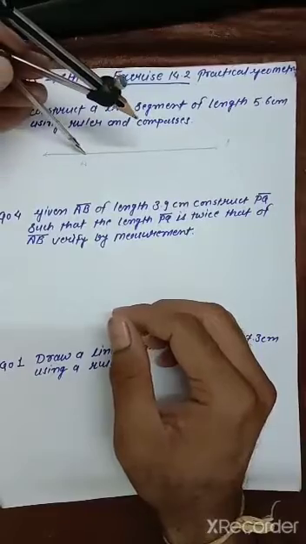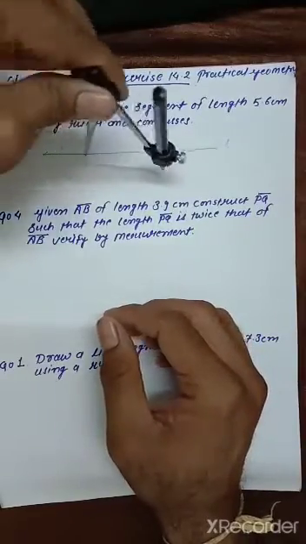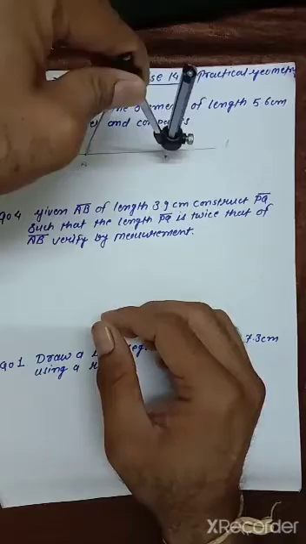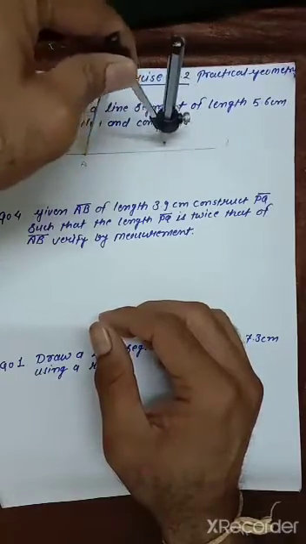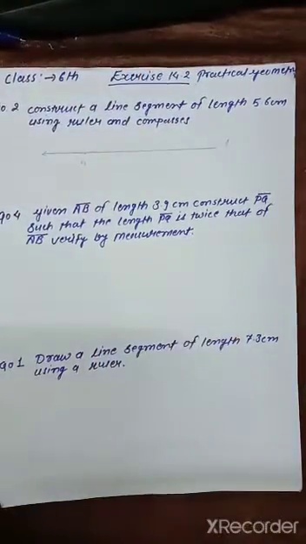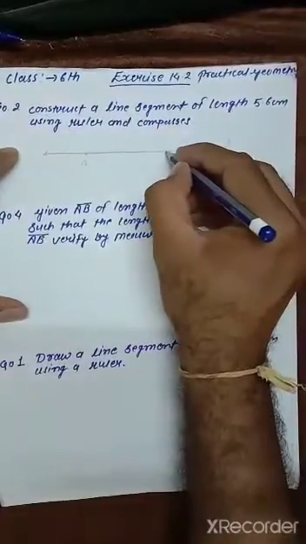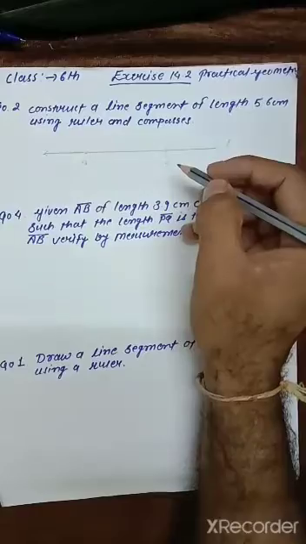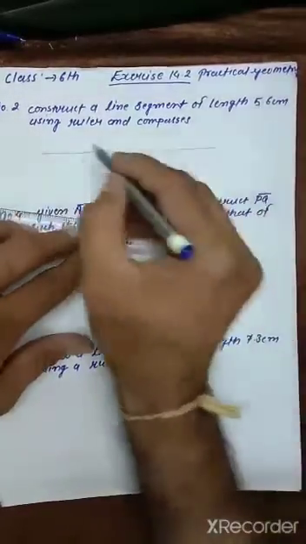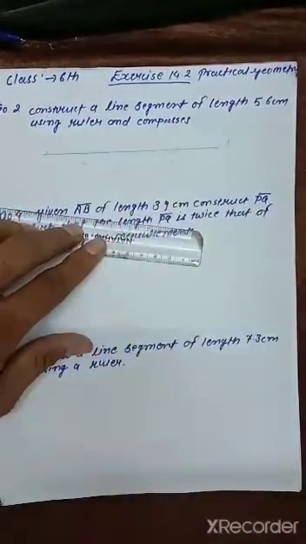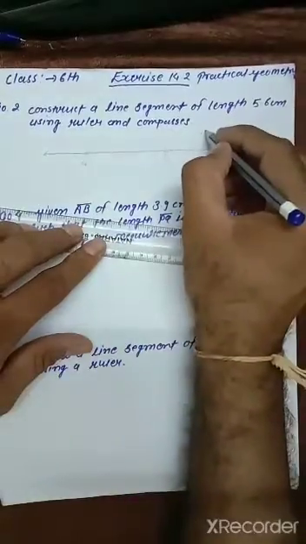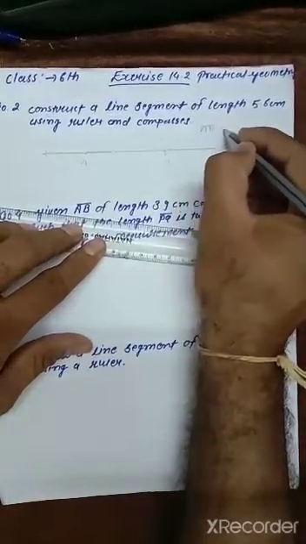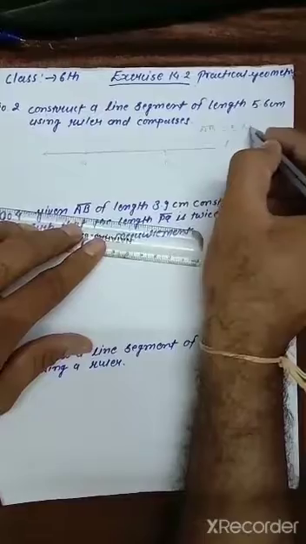Now put the needle of compass at point A and just simply cut. Here where you get the point of intersection, this point of intersection we give the name B. Now we can say that AB is the line segment, a line segment of length 5.6 centimeter. If you measure with the ruler, you will find that AB has a length of 5.6 centimeter.